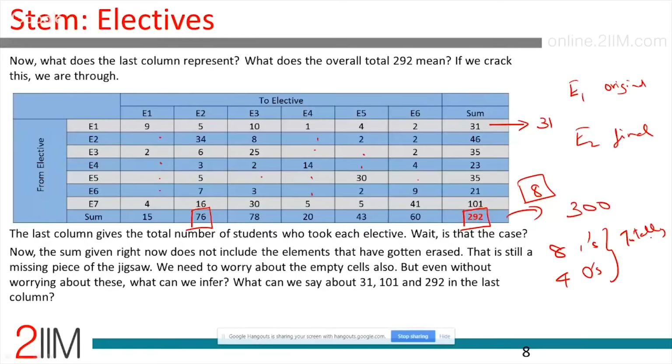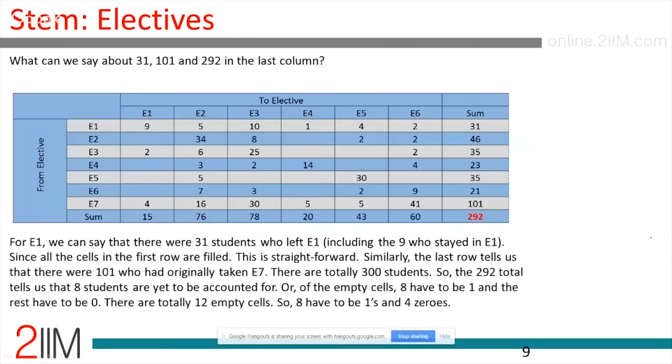Fine. So we're looking for constraints which have the number of students that were in E1 originally or the number of students that are in E2 finally, and we're going to fill in this data set methodically from there. Let's look at the constraints. E1 has 31 students, E3 has 35, E2 has 46.